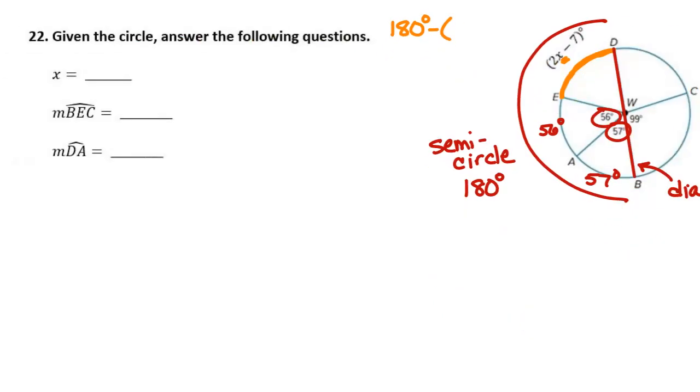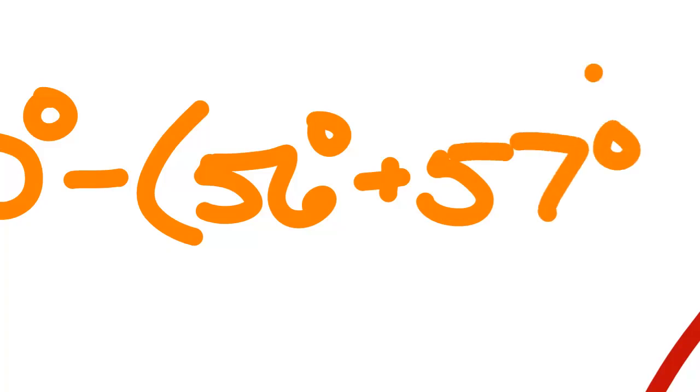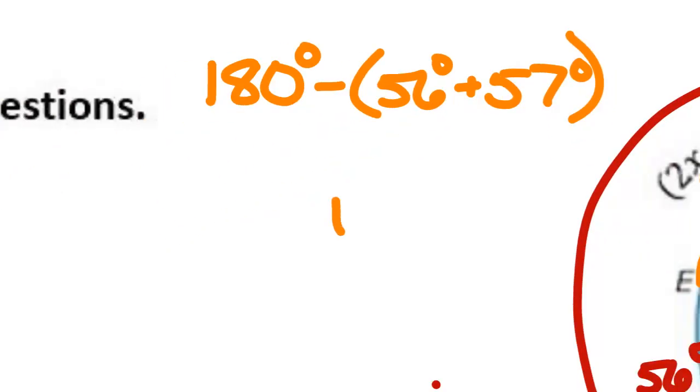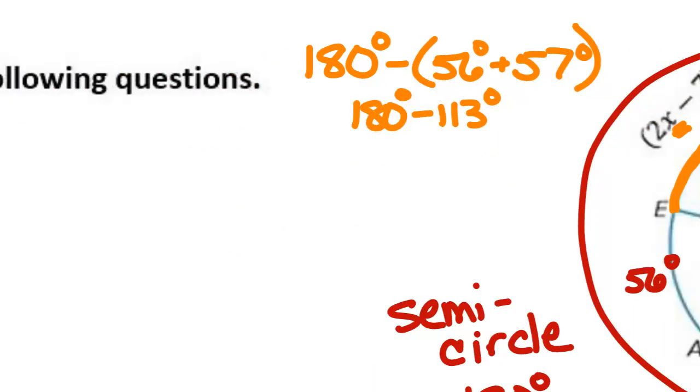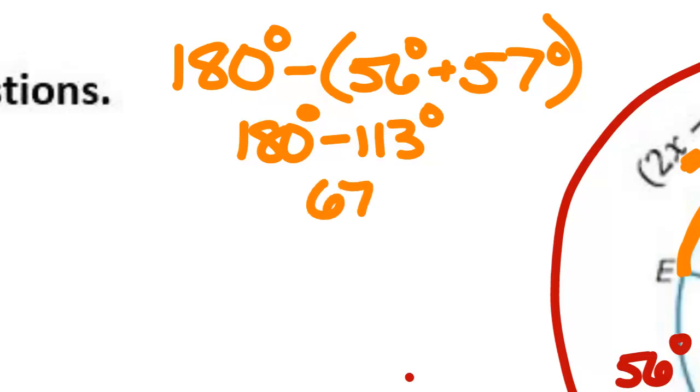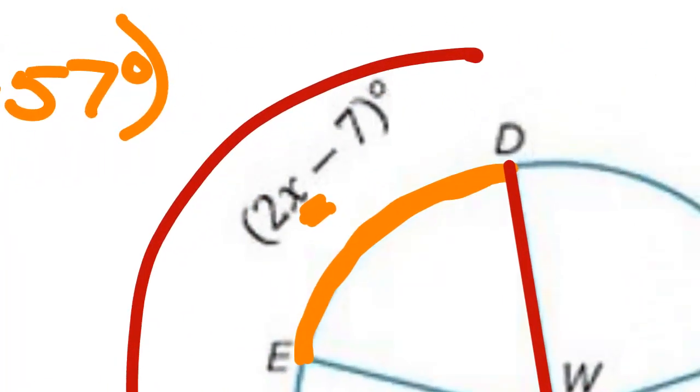So 180 minus 56 plus 57. What is 56 plus 57? 113. So 180 minus 113 would give me what? 67 degrees. So this arc here is 67 degrees.